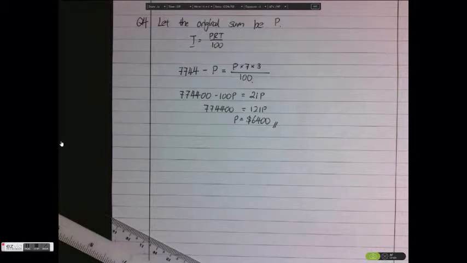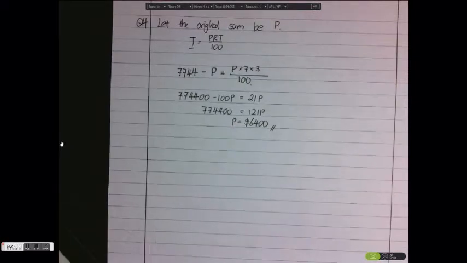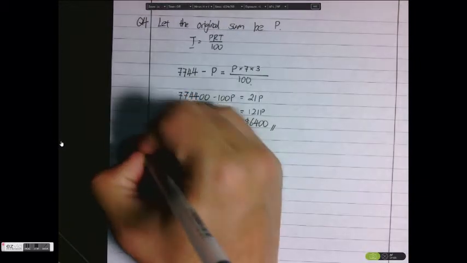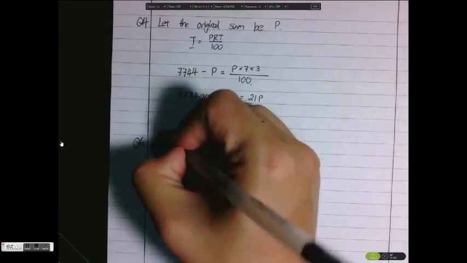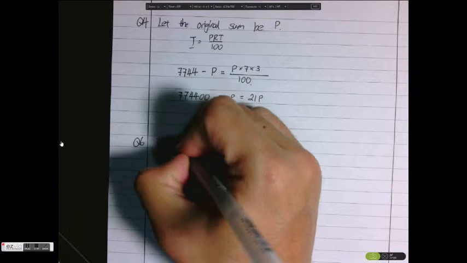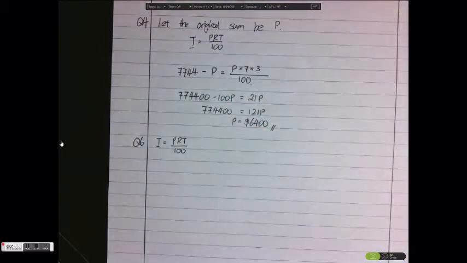Now I move on to question 6. Question 6. Mei Yi deposited 7,200 in her savings account, which earns interest at the rate of 5% per annum. If the money is deposited for 4 years, calculate the simple interest. In this case, we apply our favorite formula, PRT over 100. Certainly not my favorite, maybe it's your favorite.